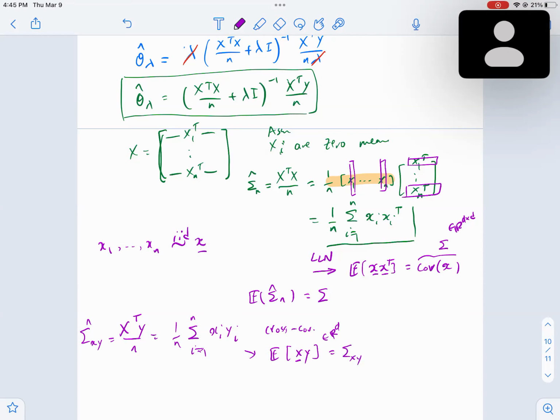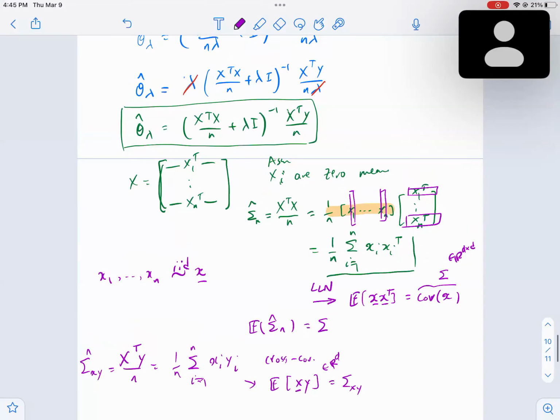In any case, it doesn't matter what they are, but I can simply write it as sigma hat xx plus lambda I, inverse, times sigma hat xy.